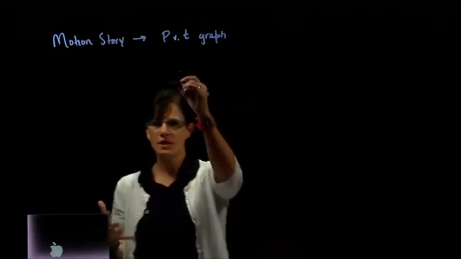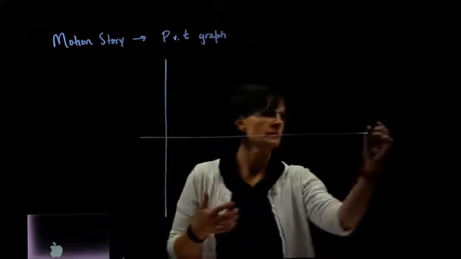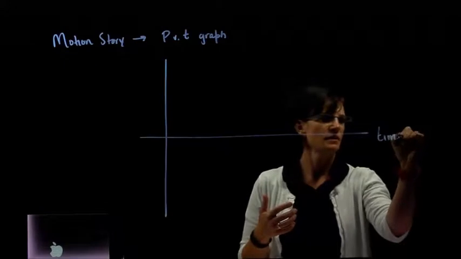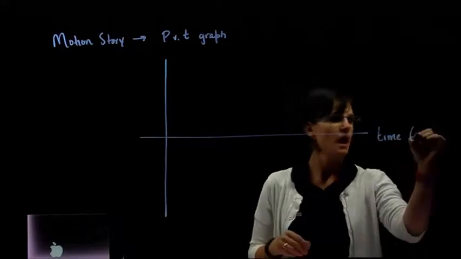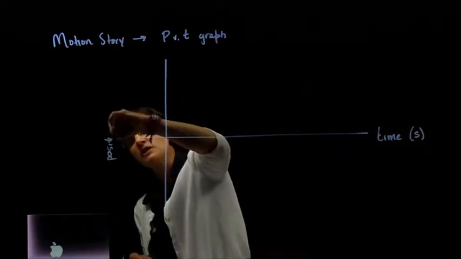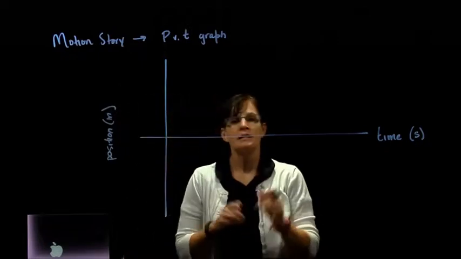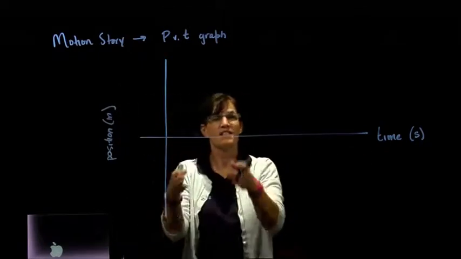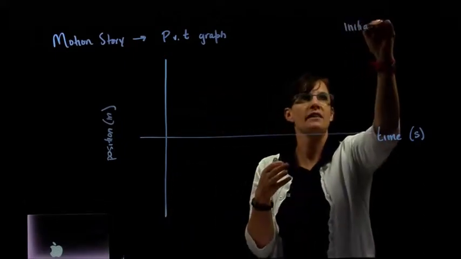So we first want to define our axes. So remember, this horizontal axis, the time axis, is time in seconds. And our vertical axis is position, and that has units of meters. Now the time axis starts at 0 when we start caring about the motion, so it's important for us to really remember how to define that.